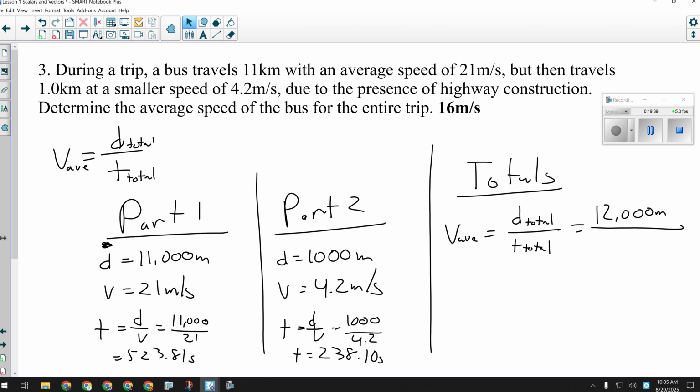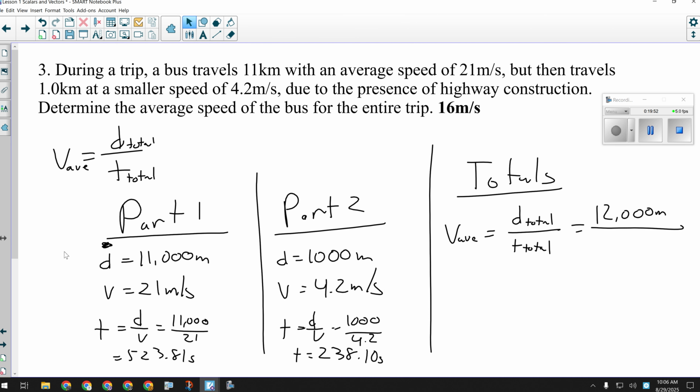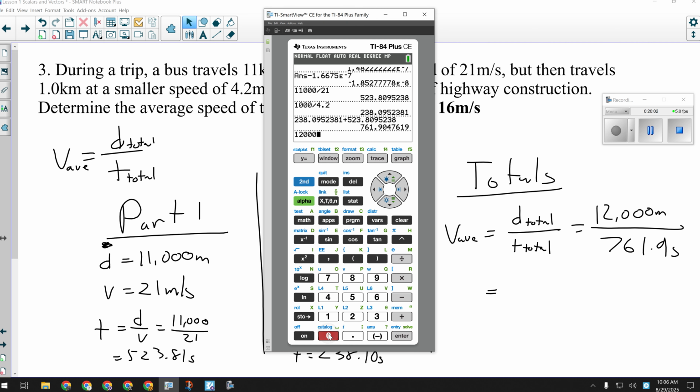Just have to add those two numbers together. So my total time is 761.9 seconds. Now I just divide those two numbers, right? So to two significant digits, I've got 16 meters per second.